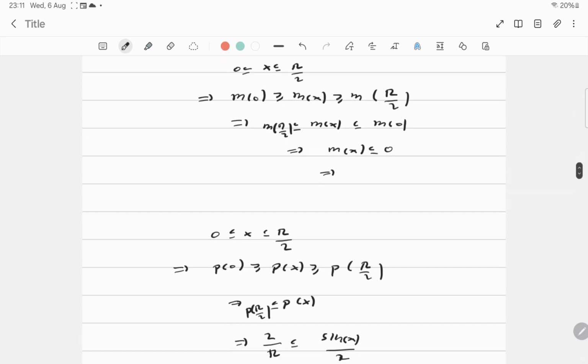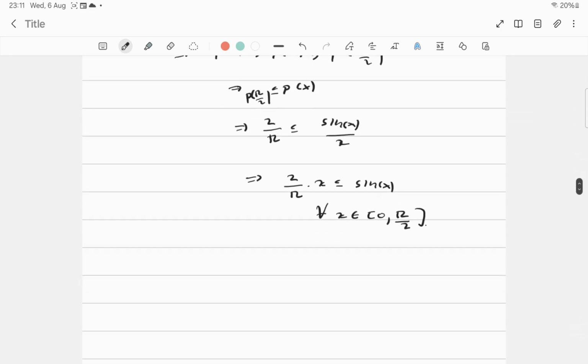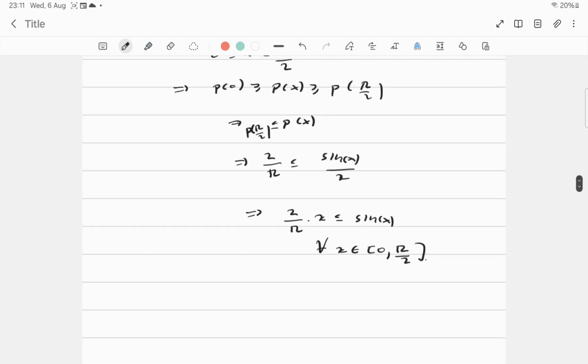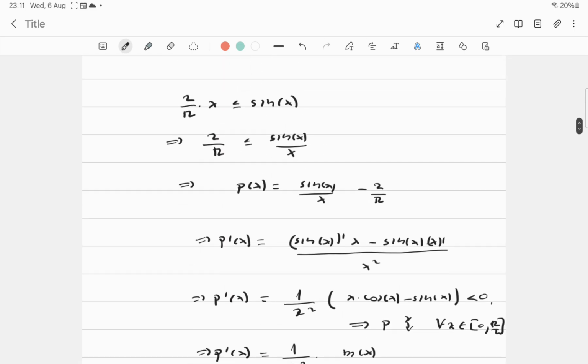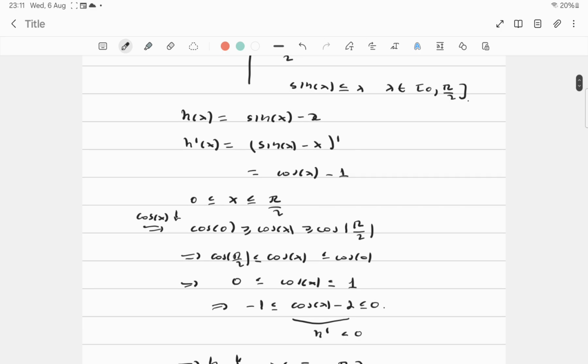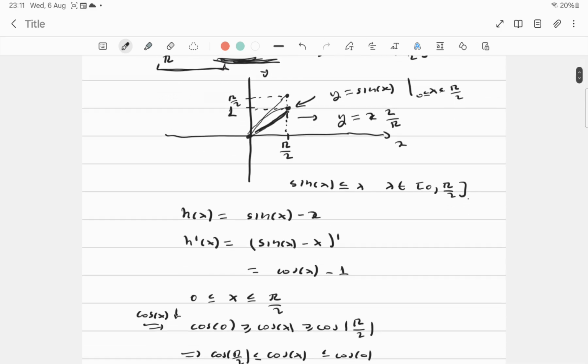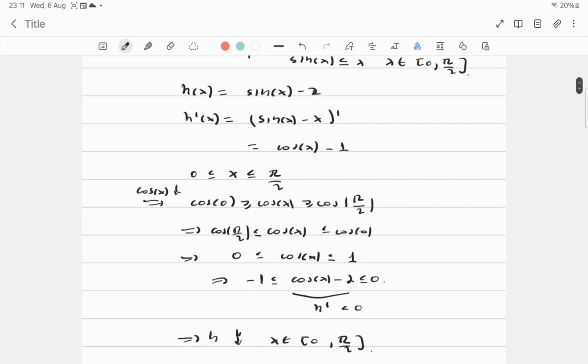There are other ways to prove the Jordan inequality, using geometry. You can prove it visually, but here I tried to use analysis techniques, monotonicity properties.